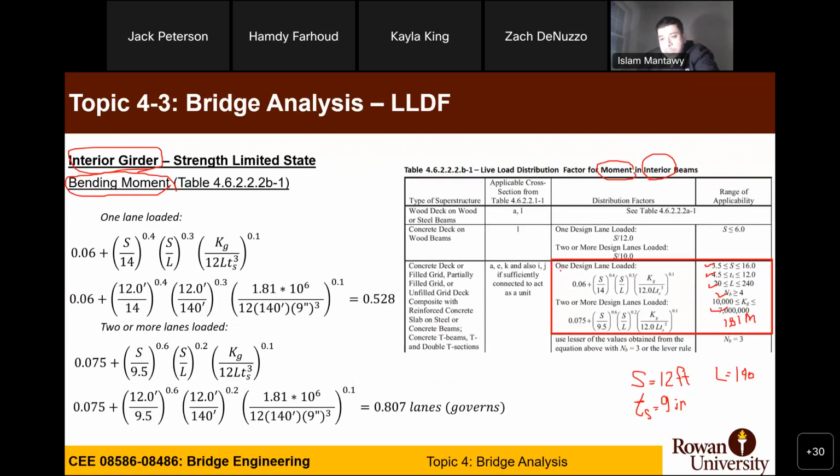For one design lane loaded, we take this equation as it is and put in the spacing as 12, the span as 140, Kg as 1.8 million, L as 140, and ts as 9 to the power 3.